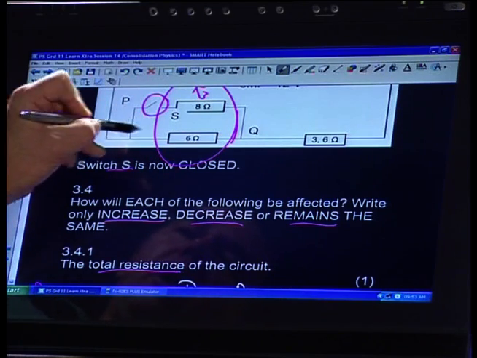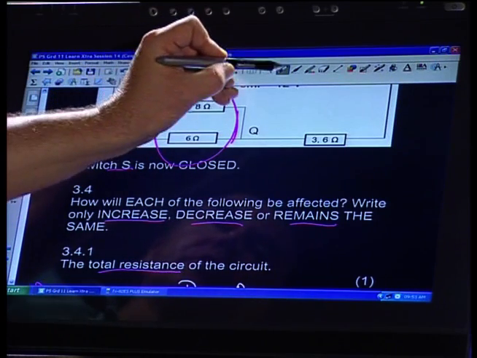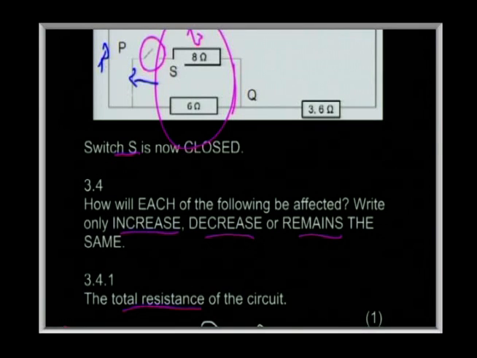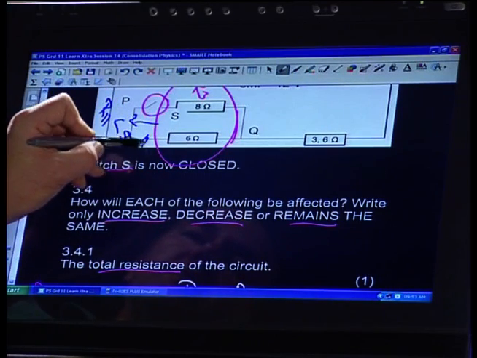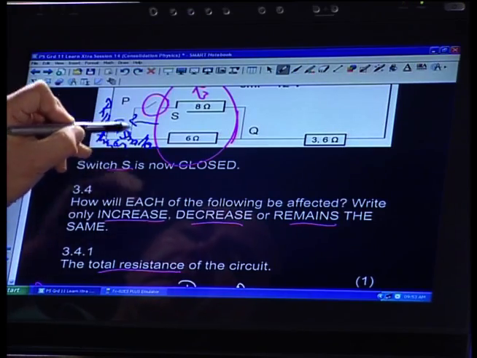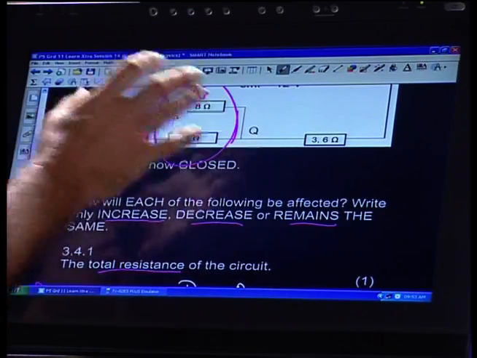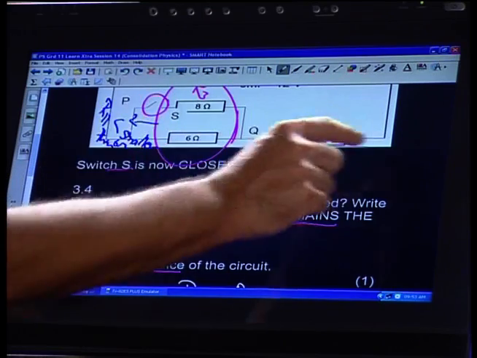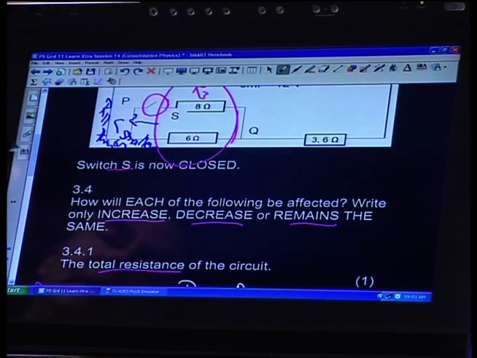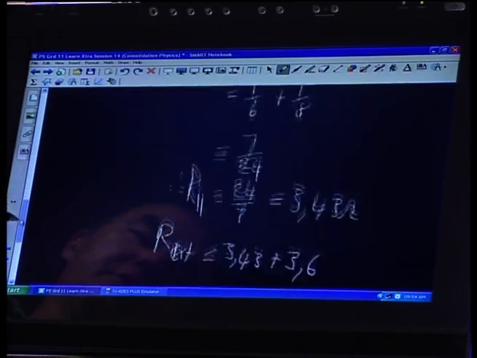In fact, here's an important test that you need to be aware of: R parallel will always be smaller than the smallest resistor in parallel. So this total here is going to be smaller than 6 ohms. Has to be. That's how we know it was 6 ohms over there when it was in series, but R parallel will always be smaller than 6 because of the calculation that we've just shown.